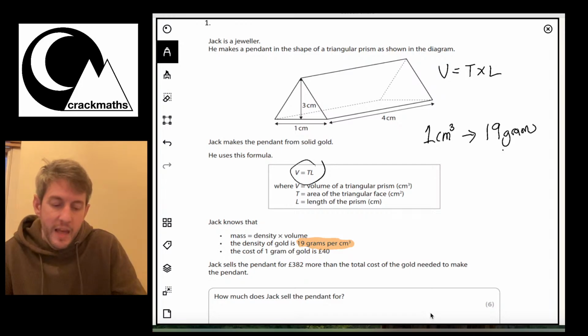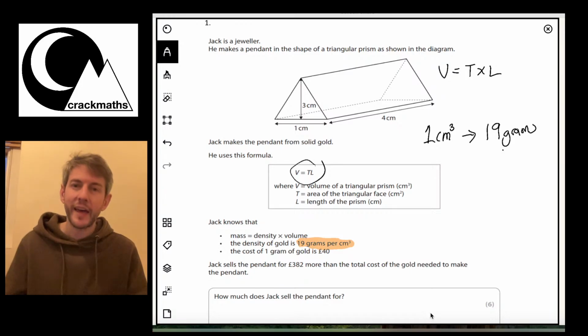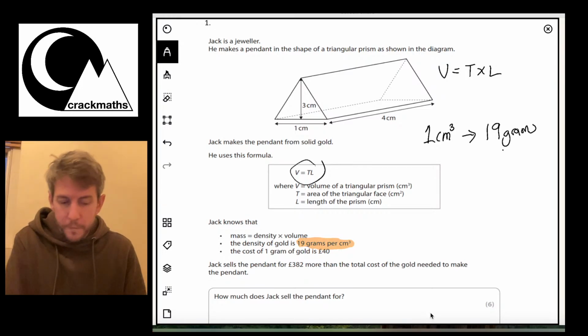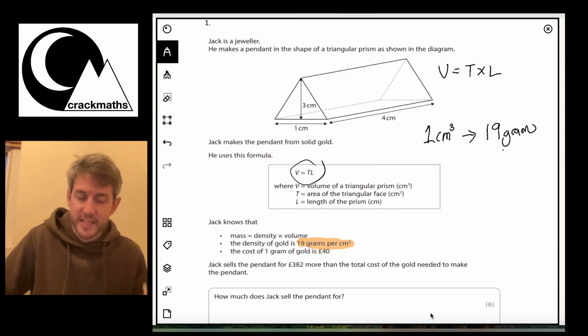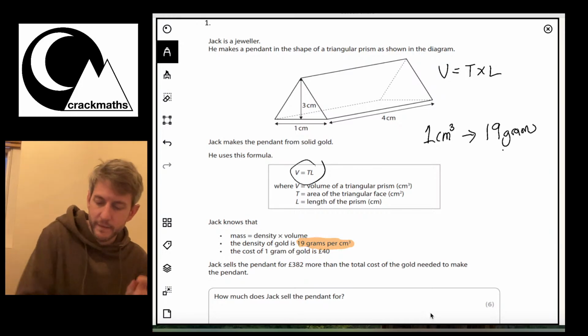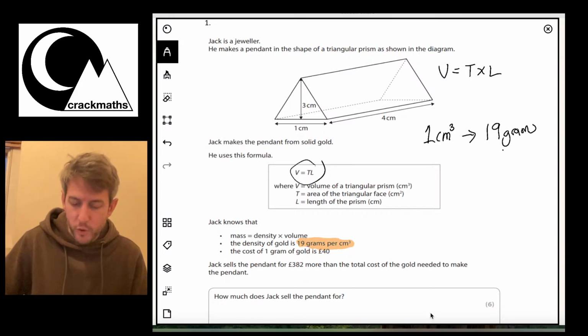This is the real key point to any compound measure question: picking out what 1 unit is going to be worth. So 1 centimetre cubed of the gold gives us 19 grams. That's what it means. So every centimetre cubed is 19 grams. We also know the cost of 1 gram is £40.